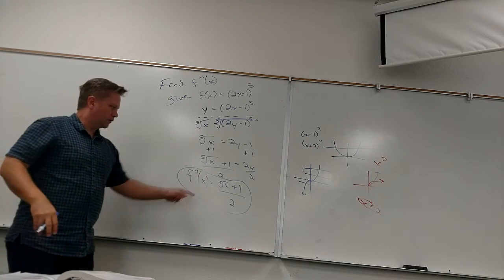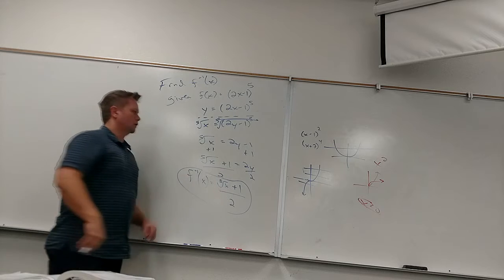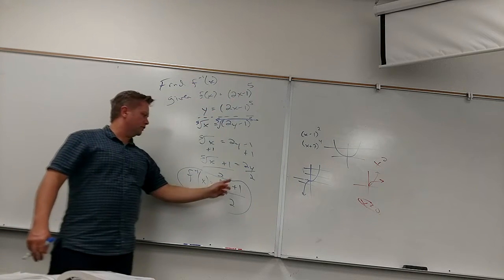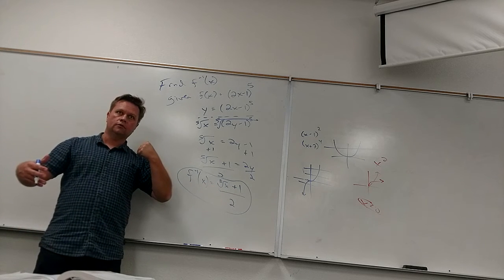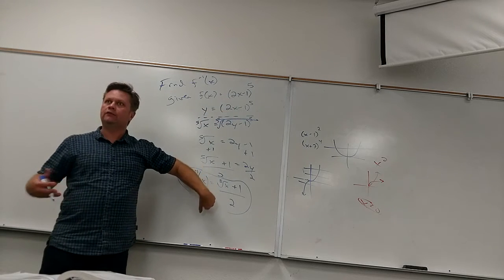Okay, so what does the original do? It doubles it, takes 1 away, fifth power. This cuts it in half, adds 1, fifth root. It's composed of all the opposite operations the original had. So it is the inverse of the original.